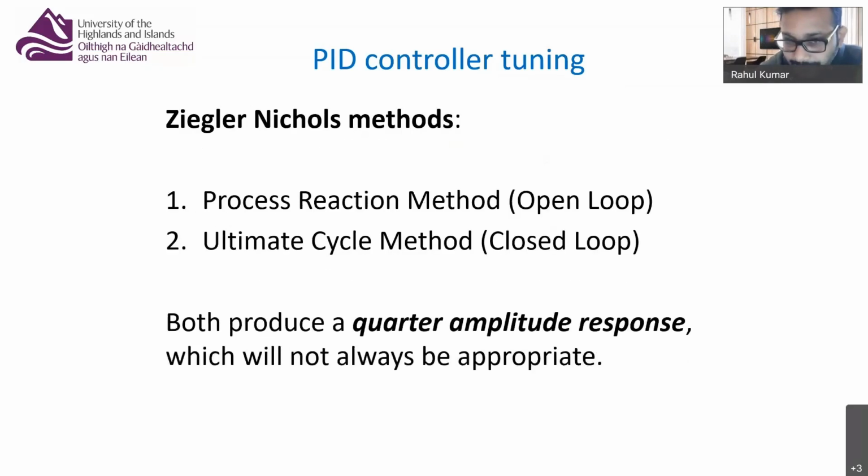So for us, we have a method for tuning the PID controller. So that method is called the Ziegler-Nichols method, right? So Ziegler gave two methods, one for open loop and one for closed loop. So for an open loop system, this method is called the process reaction method. So if you have an open loop control system, you can use the process reaction method to find the values of Kp, Ki and Kd.